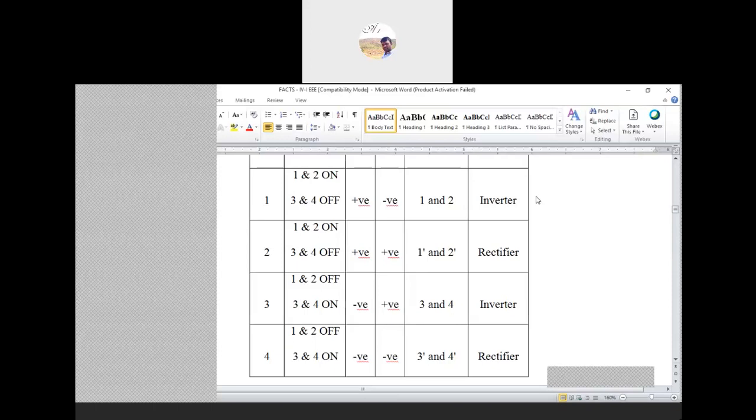The conducting devices are 1 and 2, so the conversion mode is rectified.